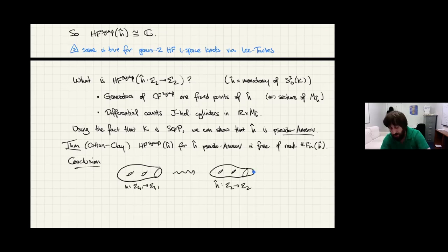We've just capped it off, and there's going to be a point at the center of that disk, which is fixed by H hat. But we also saw, using this work of Smith and of Daemi-Scaduto, that the symplectic Floer homology has rank 1. So there's exactly one fixed point. If we call this point P, the conclusion is that P is the unique fixed point of the capped off monodromy, or equivalently, H has no fixed points.